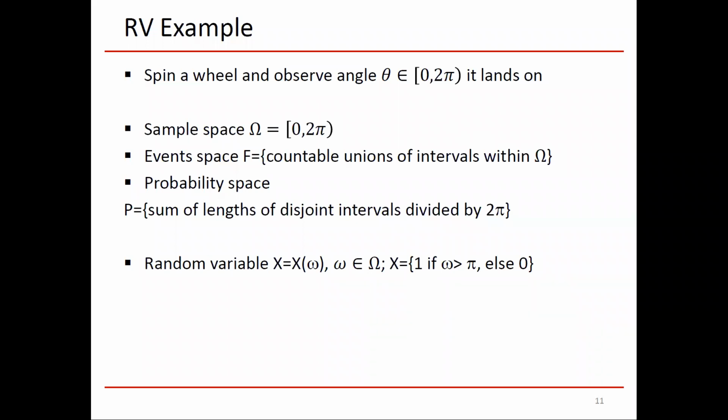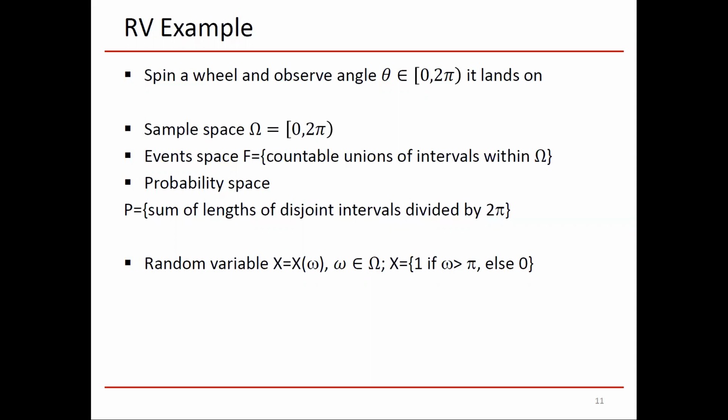So the sample space, omega, is going to be all the angles theta between 0 and 2 pi. So we have uncountably many possible outcomes. And the event space will be some set of subsets over omega. What is a reasonable set of subsets over omega?